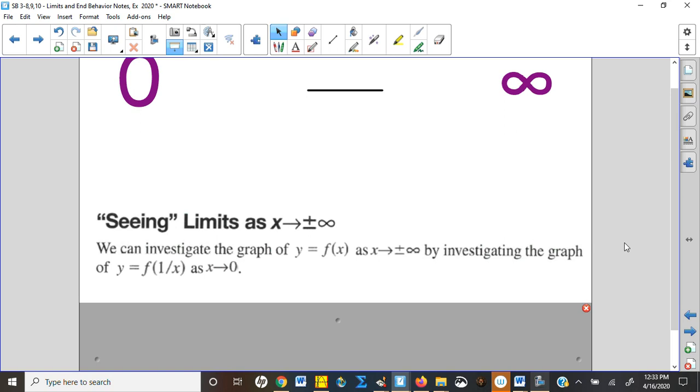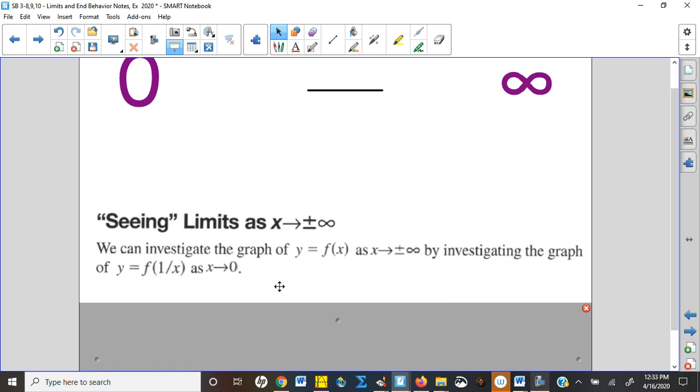Okay, so what this says is we can investigate end behavior approaching plus or minus infinity. If f of x, we want to examine that at its ends, instead I can take kind of that reciprocal-ish value of infinity and rather look as x approaches 0.